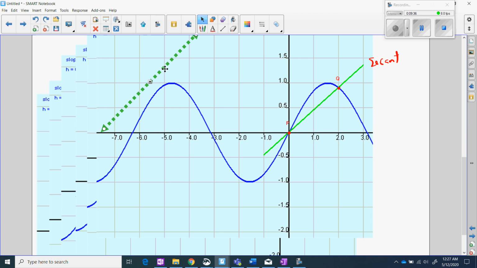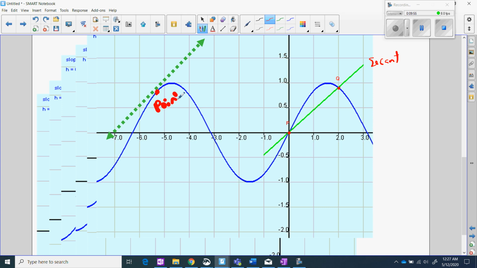So I'm just going to pick a spot here, let's say right about there. Now it's hard to tell because the line I've used is a pretty thick line, but by definition of a tangent, it's a line that just touches a graph at some point, and that would be called the point of tangency.